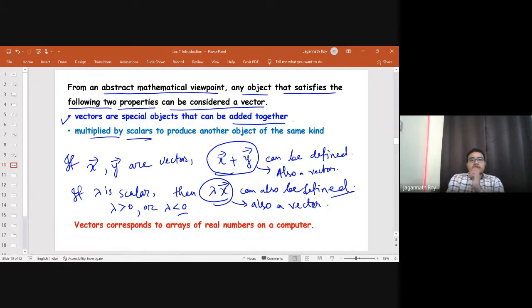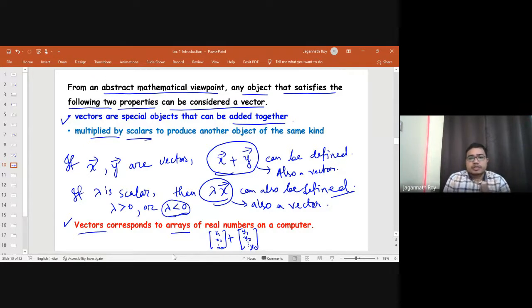So there are objects which you can add and you can scale. If lambda is half, then the size of the vector will be reduced. For example, for computer scientists, vectors are arrays, because they add arrays x1, x2, xn with another array y1, y2, yn.